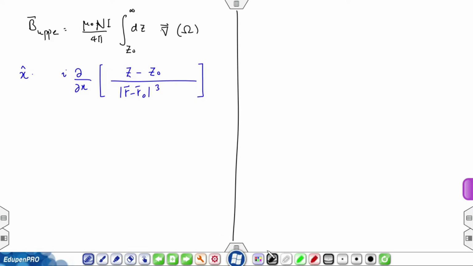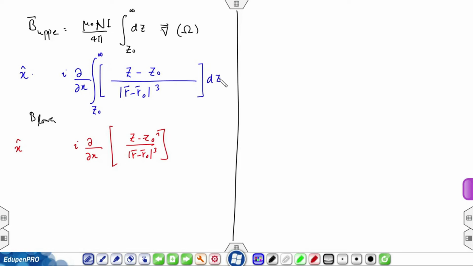Now, for the lower portion, we get the x component, which is going to be I d by dx of (z minus z0) over |r minus r0| cubed, and these are integrated over z: z0 to infinity dz for the upper, minus infinity to z0 dz for the lower, and there is a minus sign for the lower part.